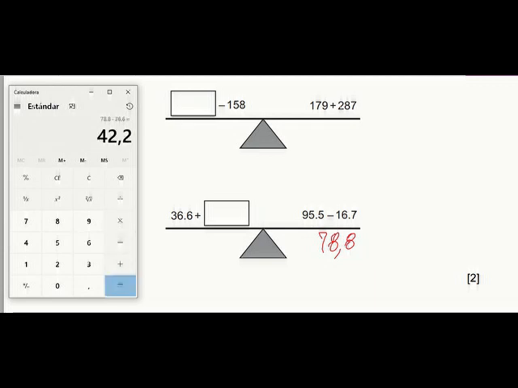So it is how much? 42.2. So this is my answer, 42 and 2/10. Am I right? Let's double check. Let's clear all this. 42 and 2/10 plus 36 and 6/10 is, oh my God, it is right. Thank God.